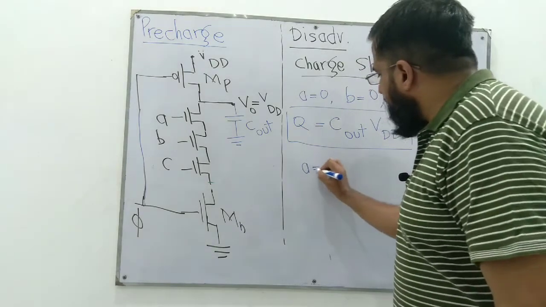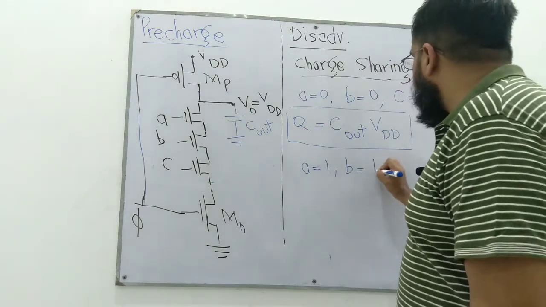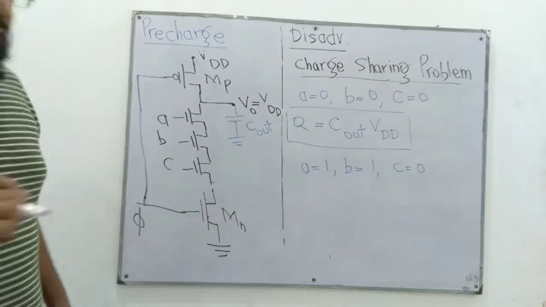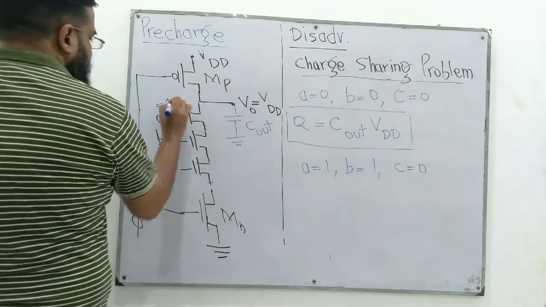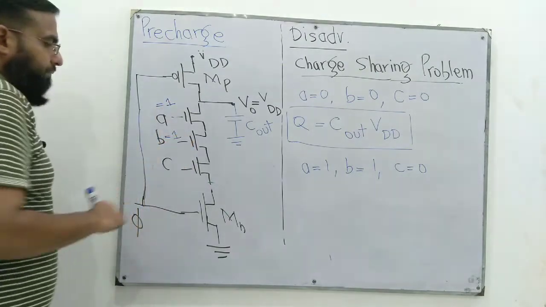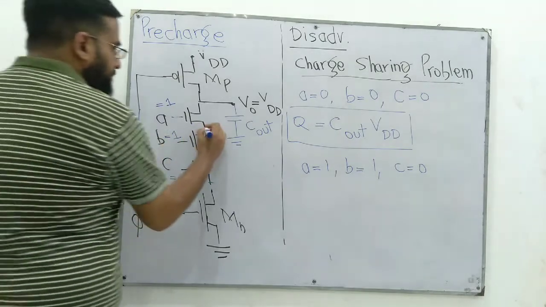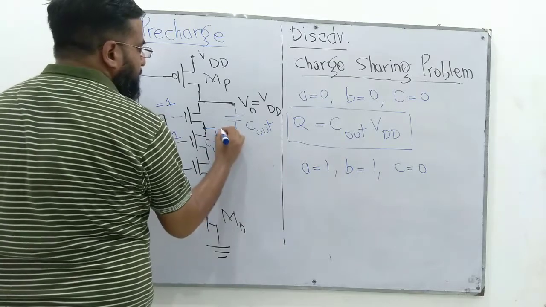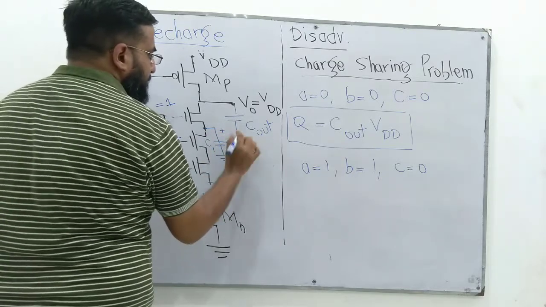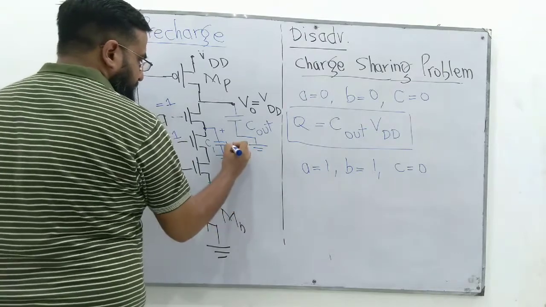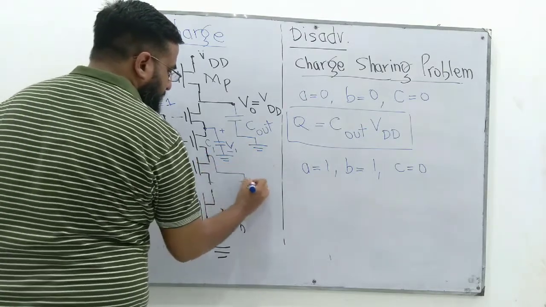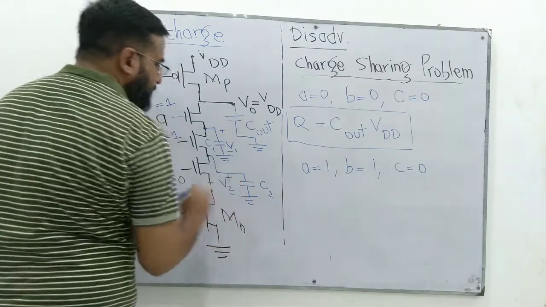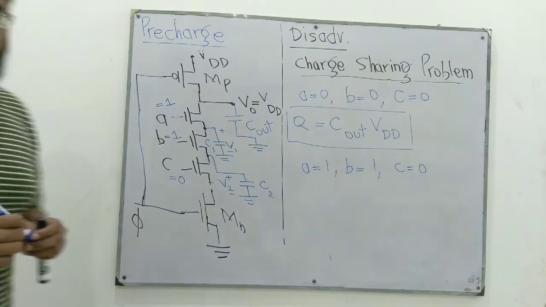But if we have any of the three transistors on, suppose we are discussing this situation where A is equal to 1, B is equal to 1, and C is 0. This transistor has an output capacitance, so let's call it C1, and the voltage across it is V1. And this transistor will also have a capacitance C2, and let's call the voltage across it V2.